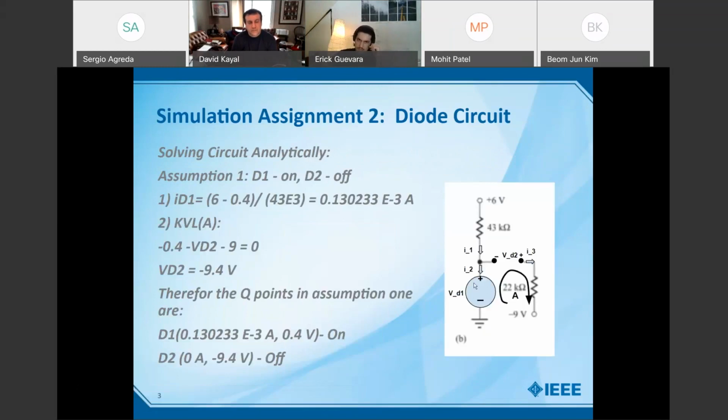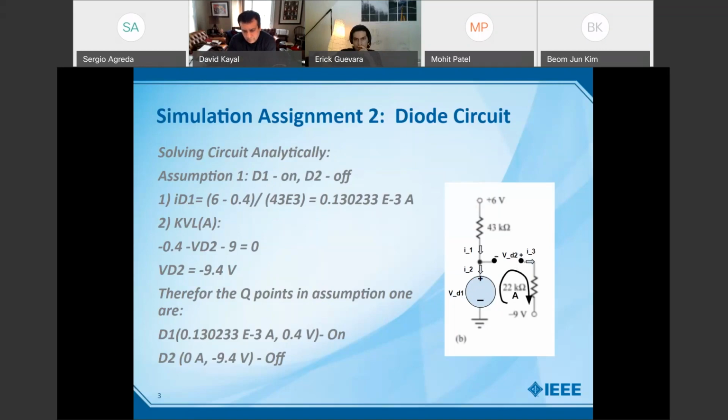So there will be a voltage drop coming from D1, and there will be current going through diode 1, but no current going through diode 2. So it behaves like an open circuit here. This behaves like a voltage drop, or in some cases of circuit analysis, just like a voltage source.